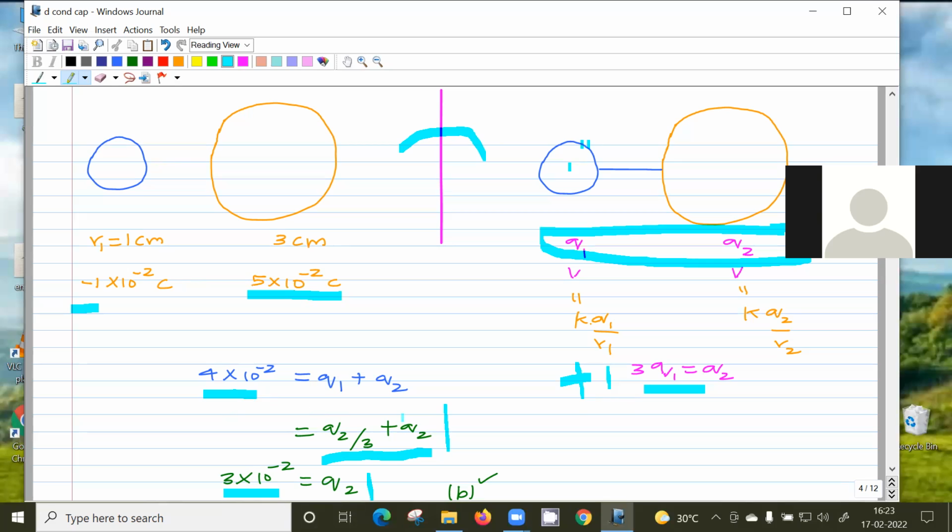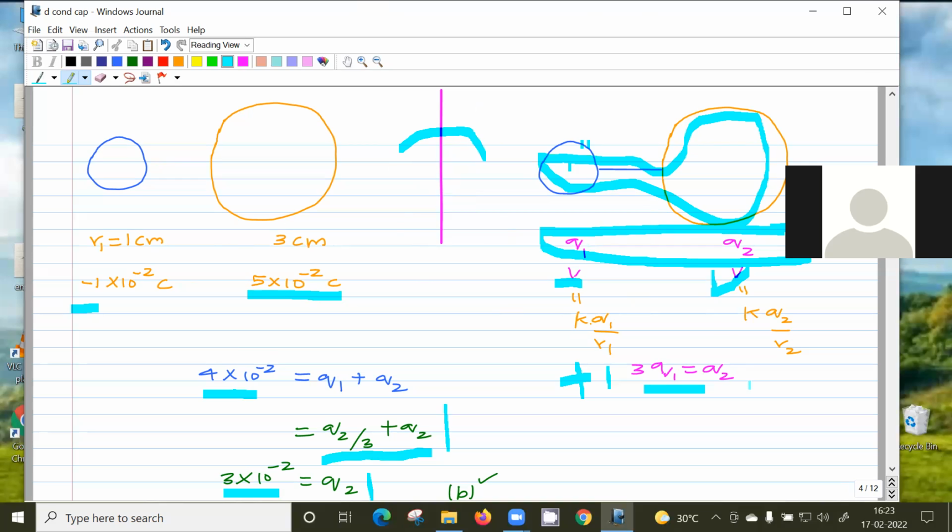A conductor will have the same potential, and the connecting wire is also a conductor. So when I join them, this whole thing becomes one single conductor in steady state, which will have a common potential V. During the transient state there will be some difference, but once it has reached steady state, the potential will be the same.